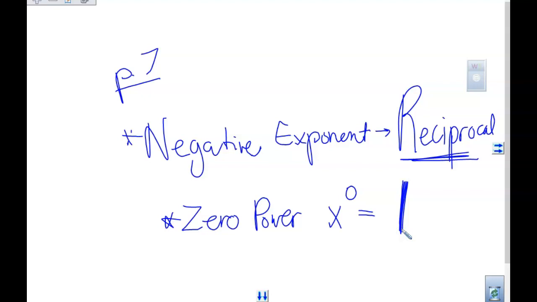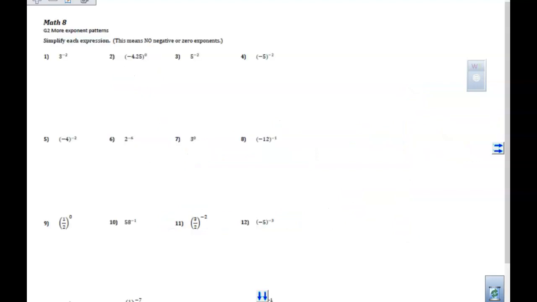So the answers are correct in tonight's workbook in the back, although they weren't on G1. Okay? I want to take a look and start the assignment with you. As you look at page 39, simplify means no negative and no zeros. So I'll start with 3 to the negative 2.